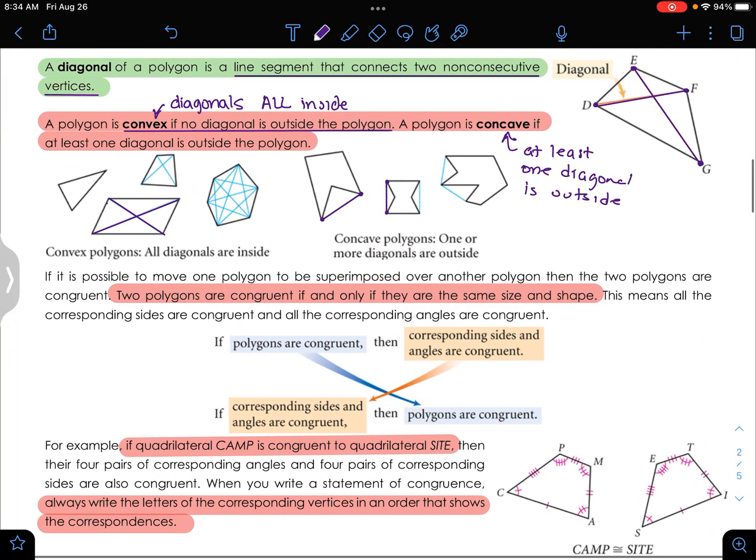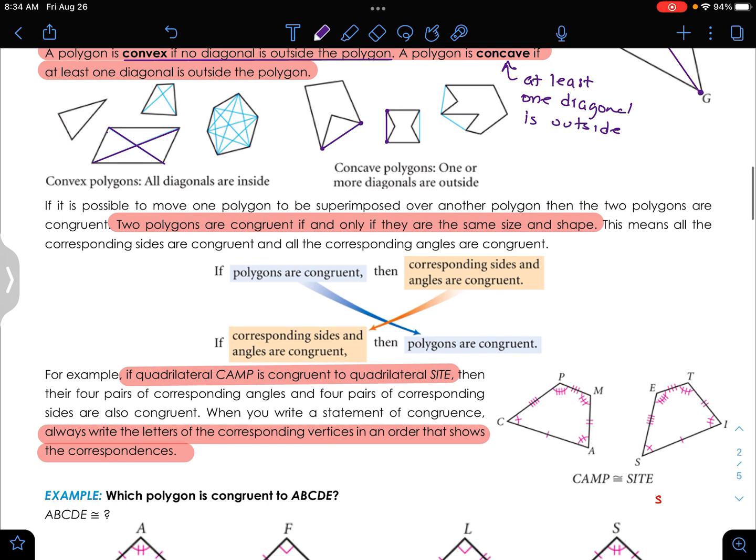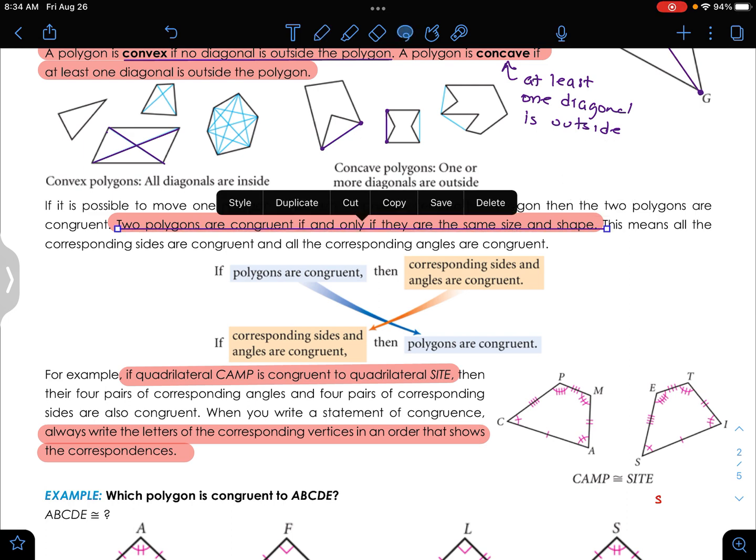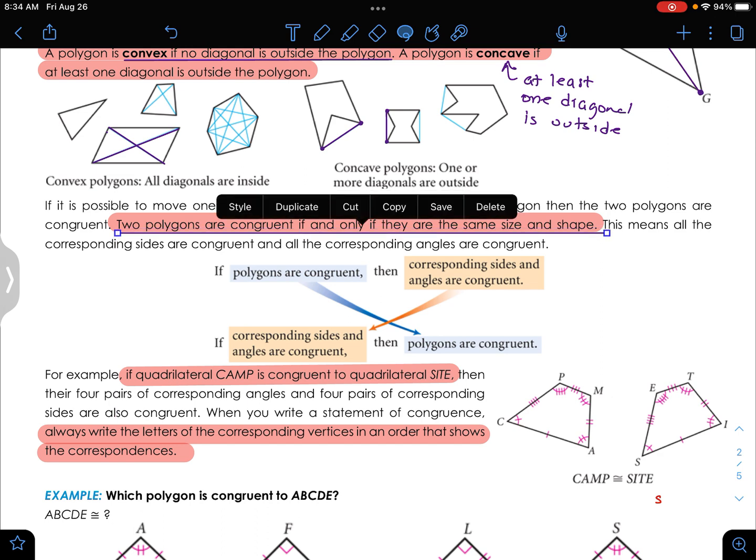Now, when we are dealing with polygons, we have to be able to figure out whether or not they are congruent. What we know is that two polygons are congruent if and only if they're the same size and shape. That means all the corresponding sides must be equal, and all the corresponding angles must be equal. That's what this states right here.